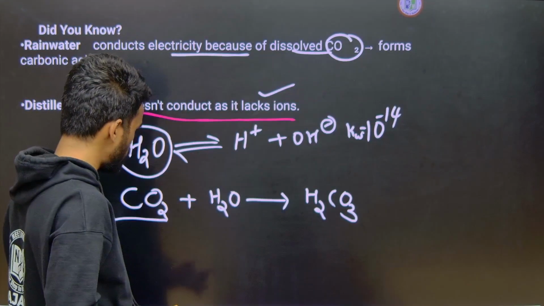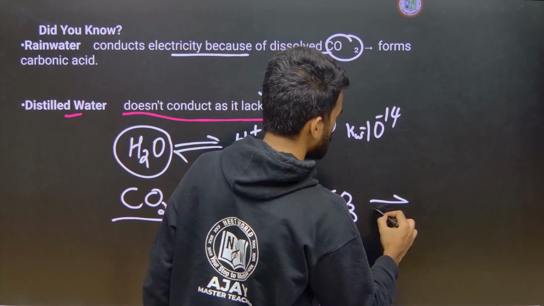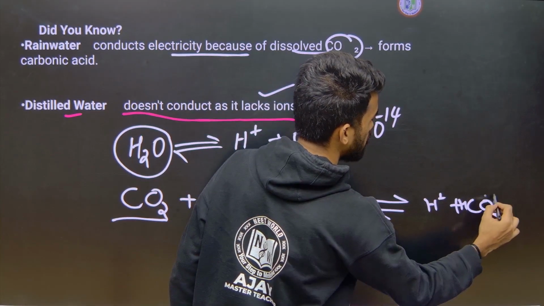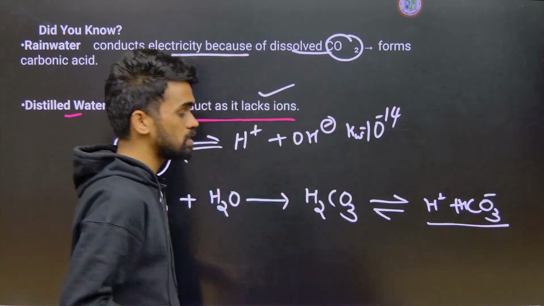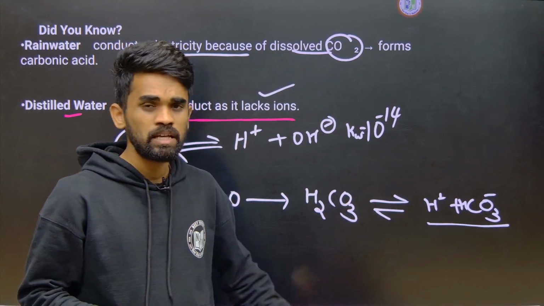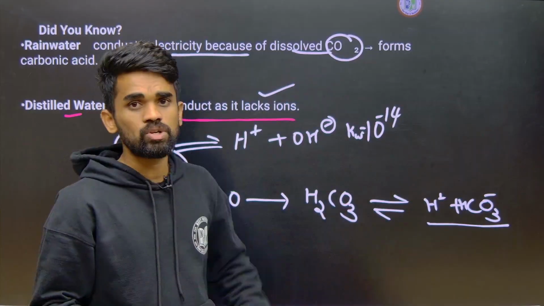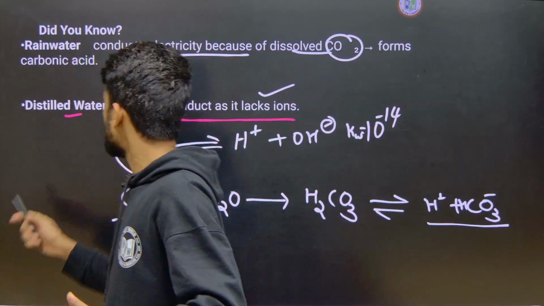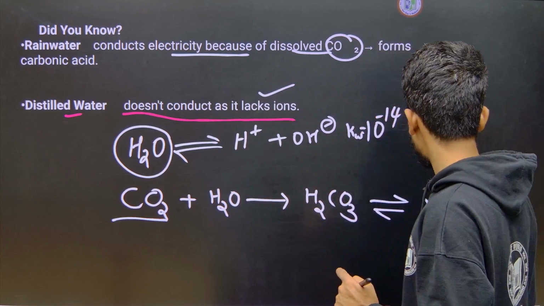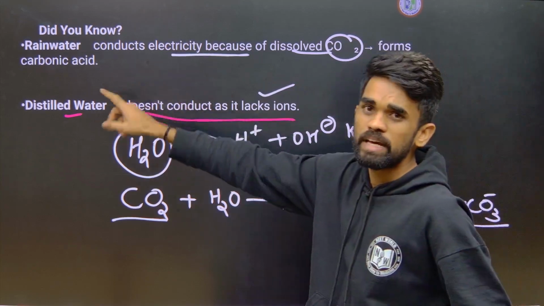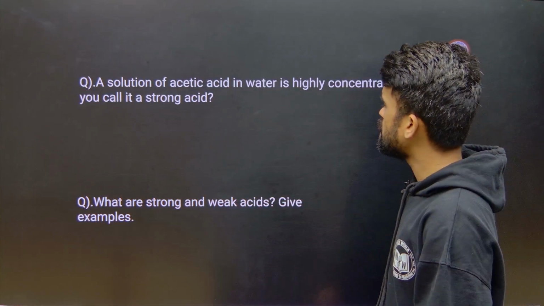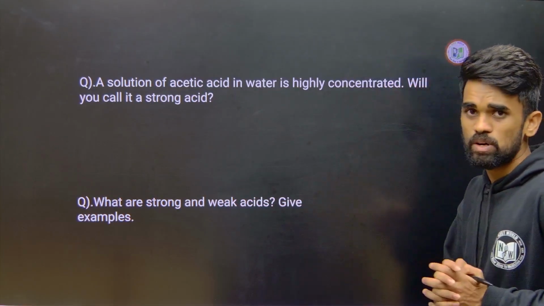This weak acid dissociates into H plus and HCO3 minus. Due to this dissociation, ions exist, therefore rainwater shows electrical conductivity, whereas distilled water won't. The acid here is carbonic acid. Hope it is clear.